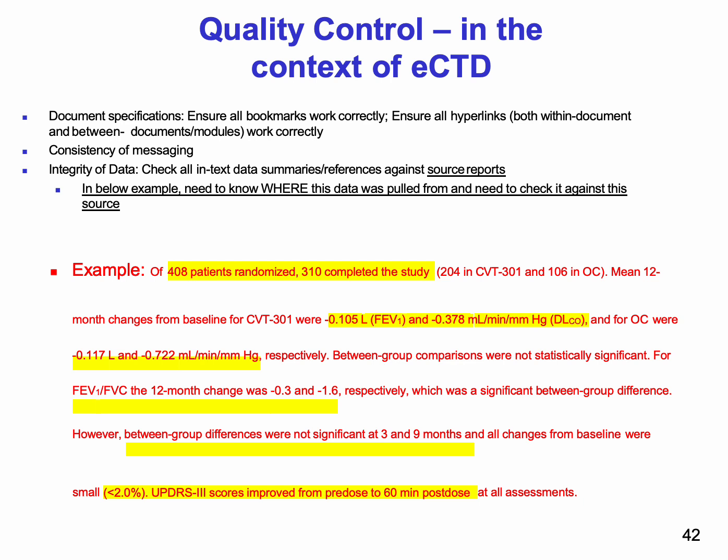Now, what's the job of quality control in the context of eCTD? Here I'm going to give you a case. It's an example of 408 patients randomized. 310 patients completed the study, but the remaining didn't.